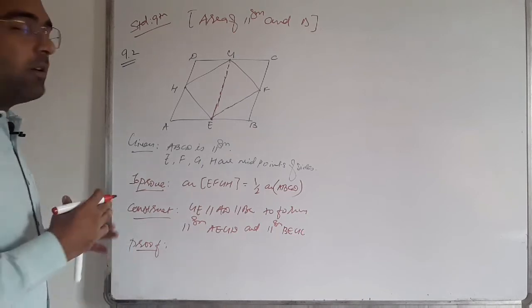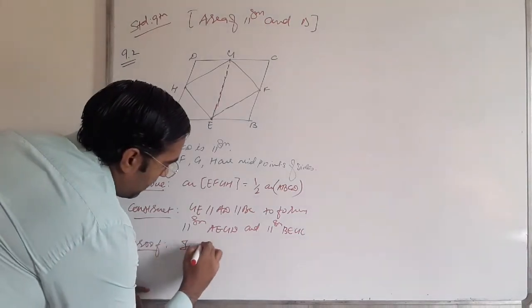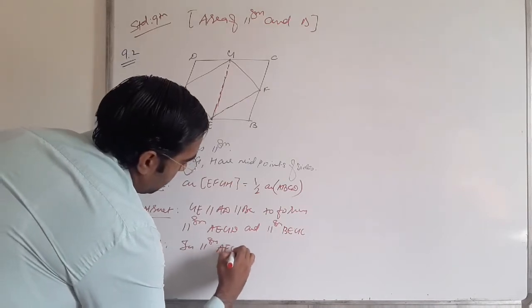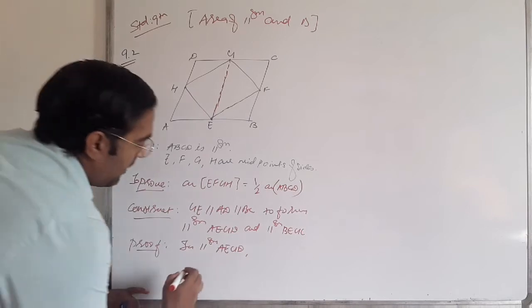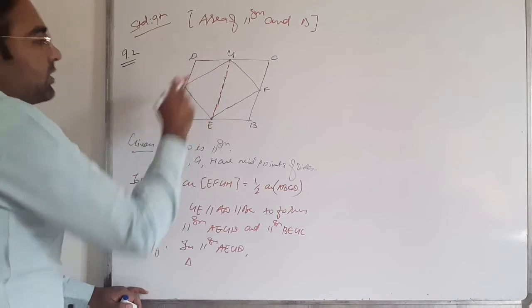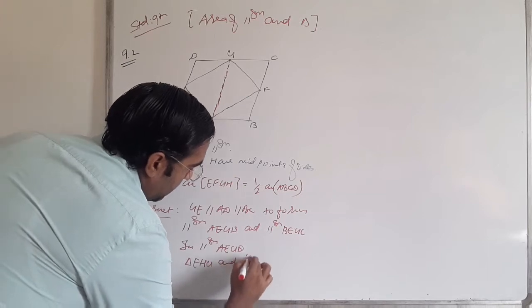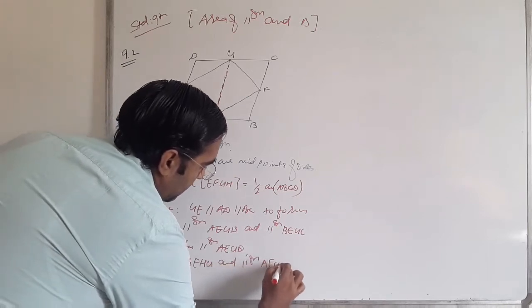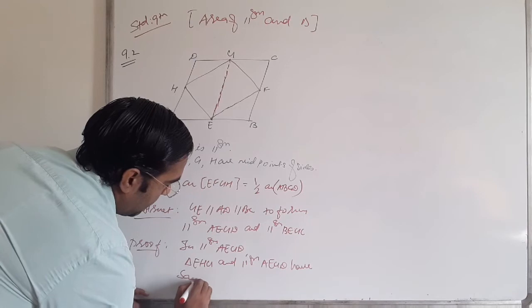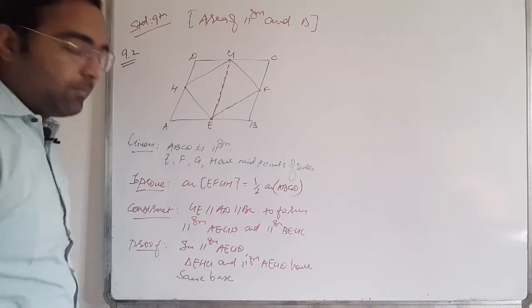First of all, in parallelogram AEGD, triangle EHG and parallelogram AEGD have the same base GE, clear?